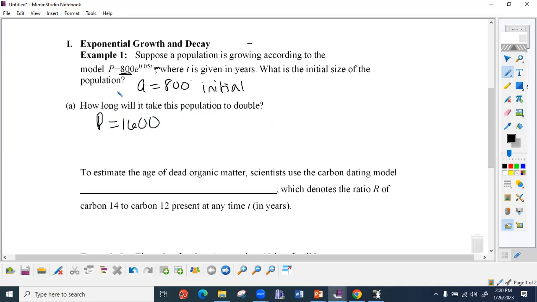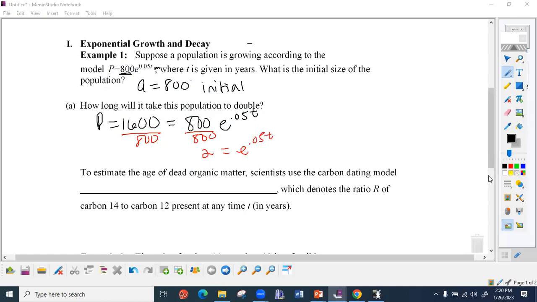So we have our P, and we have an equation to set P equal to. So 1600 equals 800 times e to the 1/500 times t. Our goal is to get t by itself. So we're going to divide by 800, and that gives us 2 equals e to the 1/500 t.